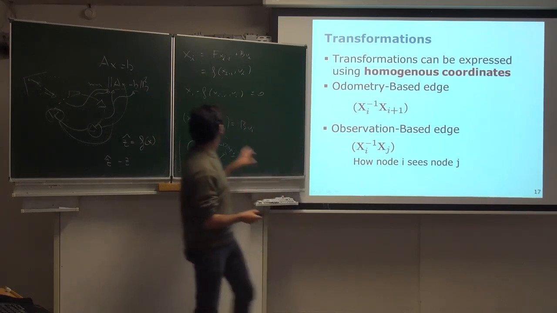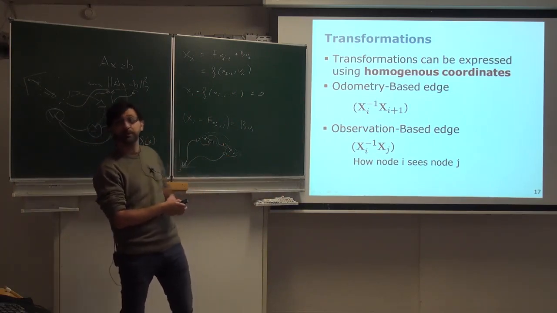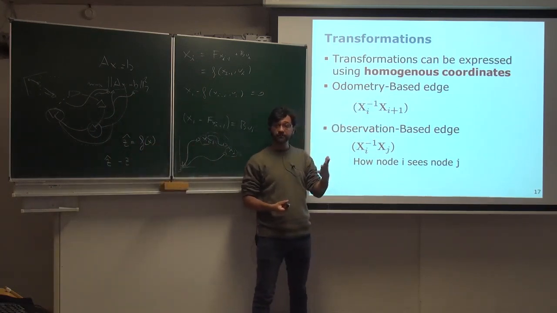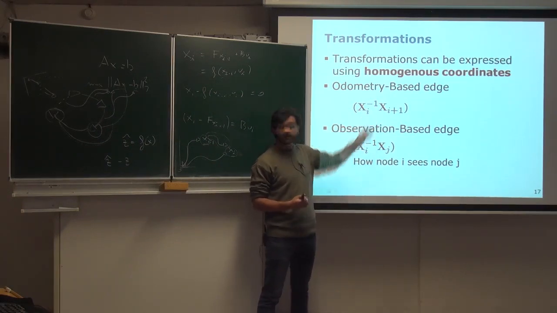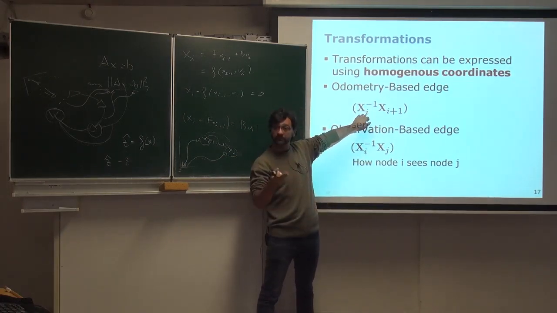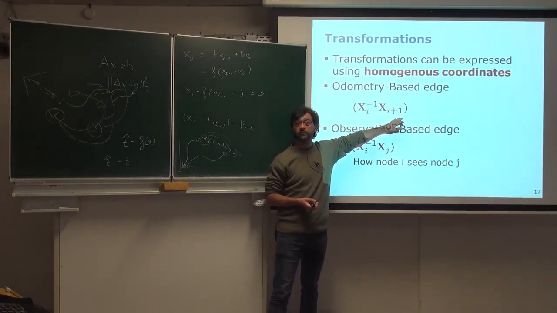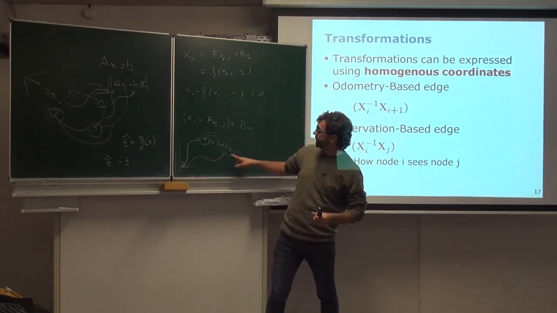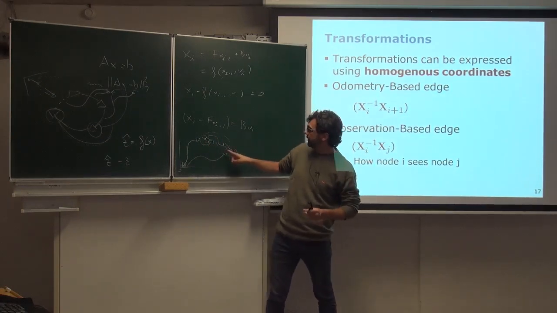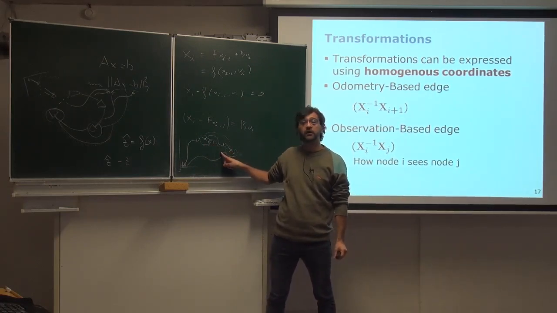Since each of these robot poses can be seen as a transformation from the origin, we can consider all of them as transformations. And if you look now at the odometry-based edge, the transformation between these two poses is the pose at i inverted, to the power of -1, multiplied by the transformation of the pose at i plus 1. So basically I take this, I invert it, so I go there, and then I apply this transformation, and I get a prediction of this measurement here.